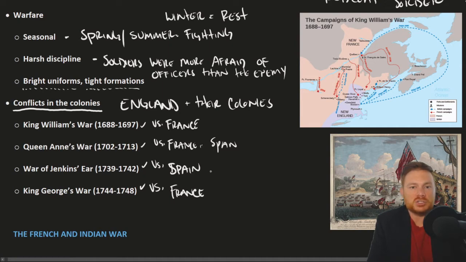A lot of the motivations for these wars, part of it was cultural. So, for example, you notice that pretty much all these countries are Catholic, England being a Protestant nation. It was also political. Many of these wars had their various political reasons stemming back to the European continent. In fact, all of these wars have different names in Europe.